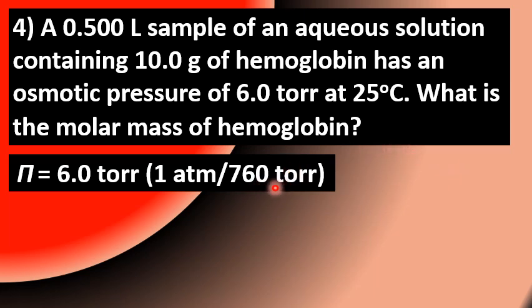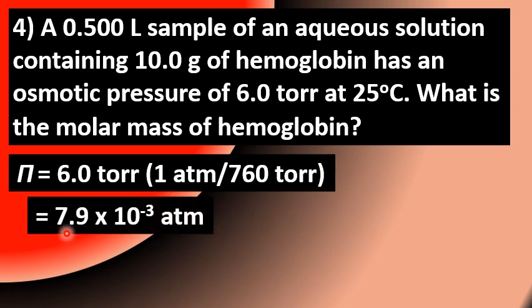But before we can find that molar mass, we first convert this osmotic pressure 6.0 torr into its equivalent in atmosphere. So we just multiply that by the conversion factor, 1 atmosphere equals 760 torr. So the value of pi, or the osmotic pressure, is therefore equal to 7.9 times 10 to the negative 3 atmospheres.